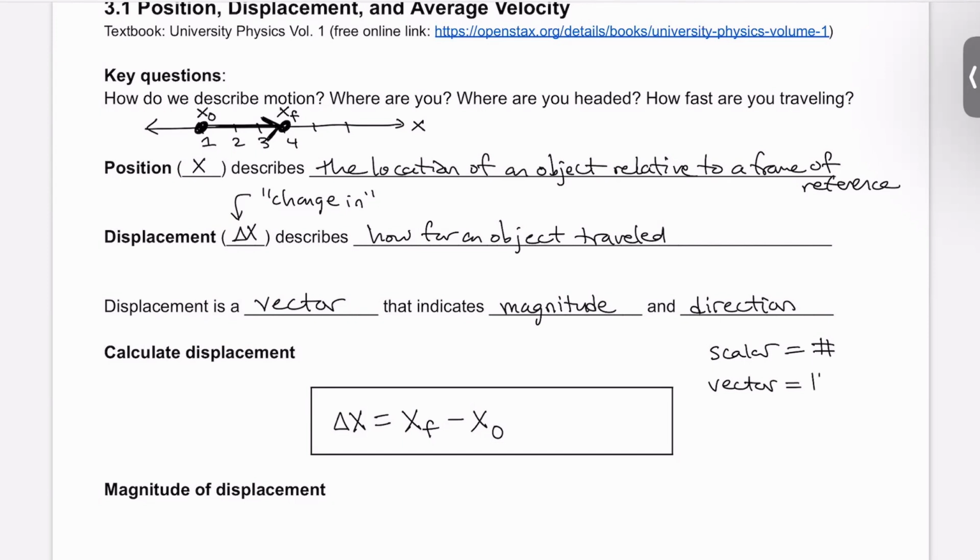So it's a number, but it also has some like plus minus value. So a negative displacement would mean the object traveled in a negative direction. Maybe that's like down, for example. And then a positive displacement would indicate that the object is traveling in a positive direction. So up, for example.